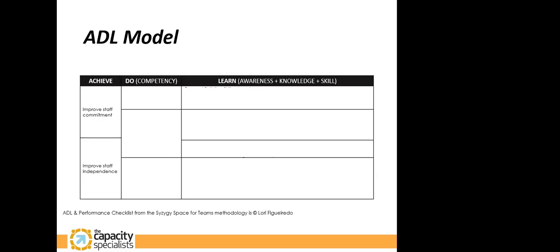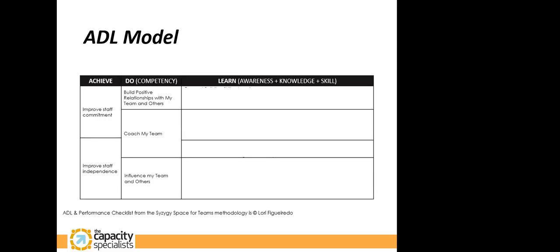Do you see that they are asking more questions to understand the job? Okay. Improve staff independence and improve staff commitment. There are things that you have to do on a daily basis that's new. You have to start building positive relationships with their team and others. You need to coach your team, and you need to influence your team and others as well.